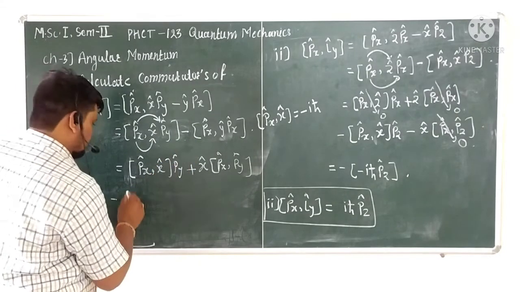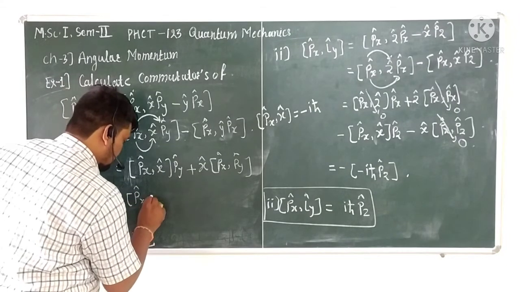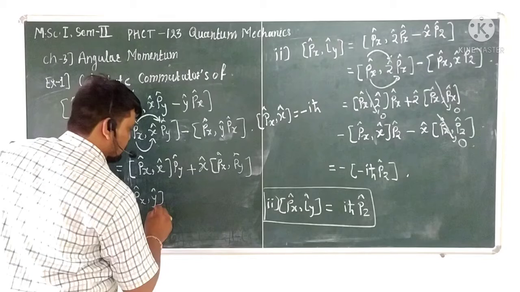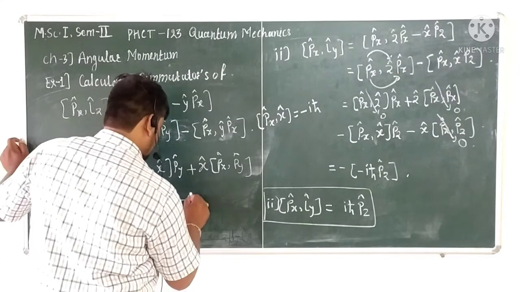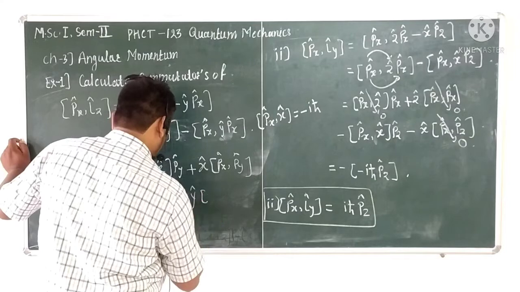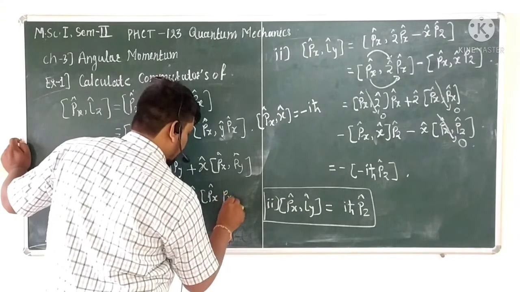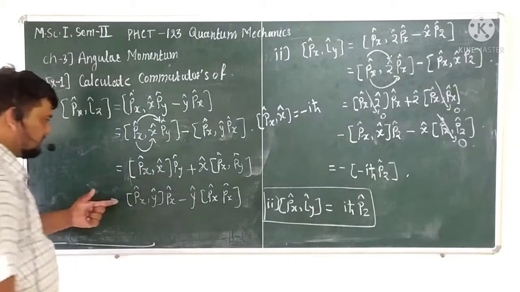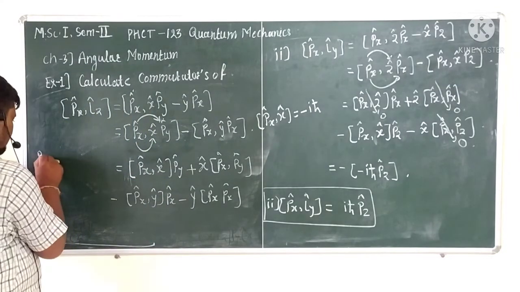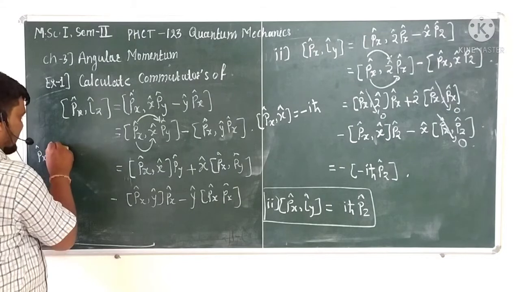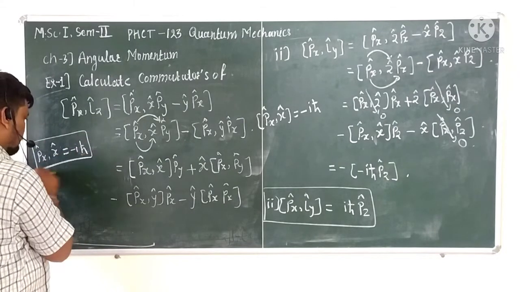This minus, this y is taken outside here, the commutator bracket which is given as [px, y] outside of this px, and next one, this y taken as [px, px]. Okay, and if we see this identity, [px, x] is equal to minus iħ.